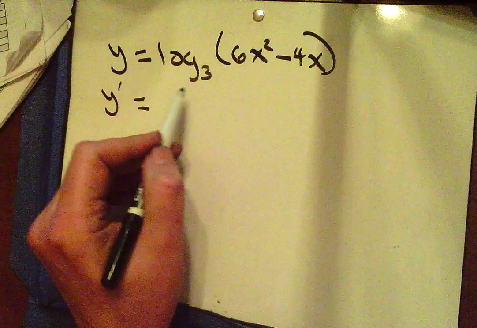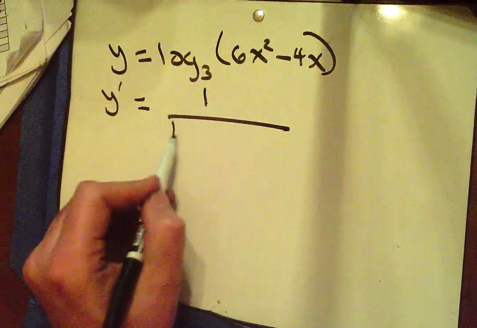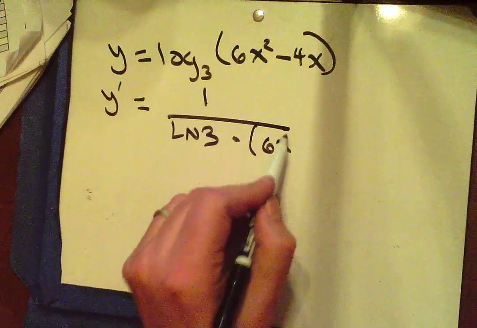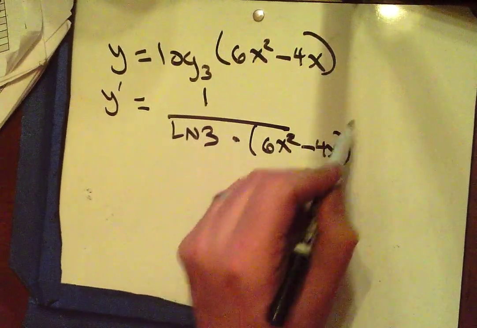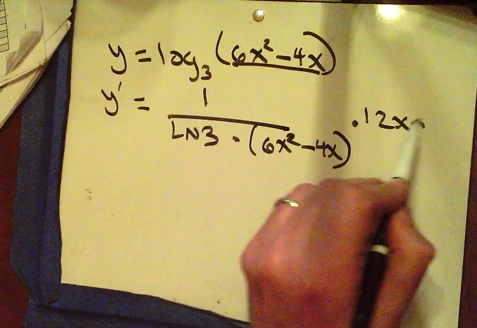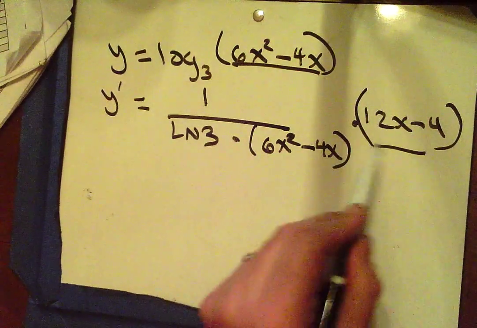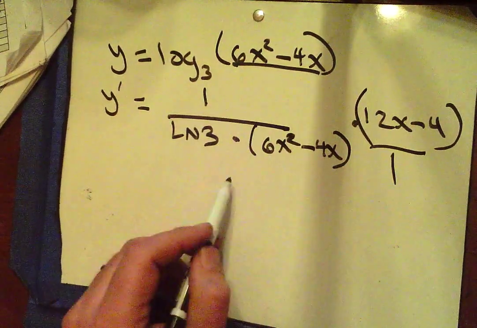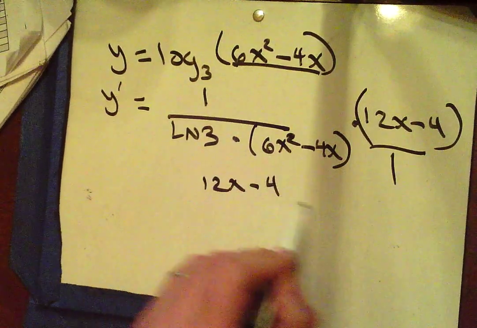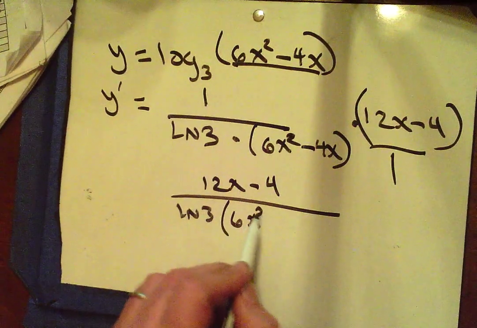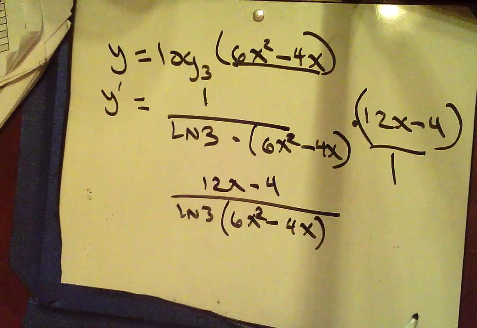All right, did you get 1 over ln of the base times stuff times the derivative of stuff, 12x minus 4? You're welcome to put that a little tidier: 12x minus 4 over ln of 3 times 6x squared minus 4x.